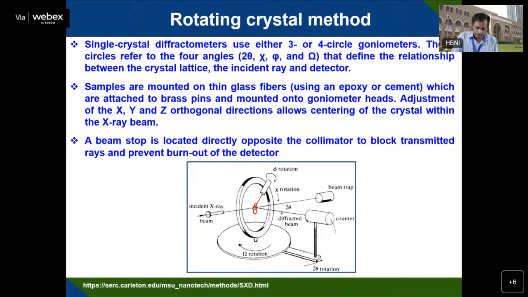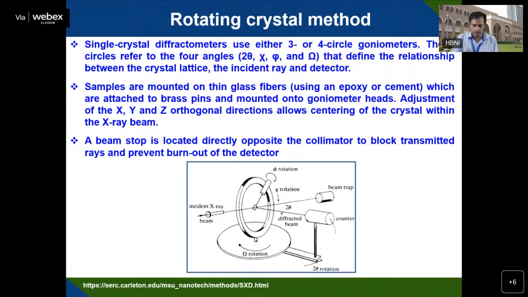You can see the stage also rotates with an omega rotation, and you have the crystal rotation phi here, as well as chi. So you have a one, two, three, and four circle goniometer here. That mainly decides how the crystal is oriented and how the diffraction pattern is generated.